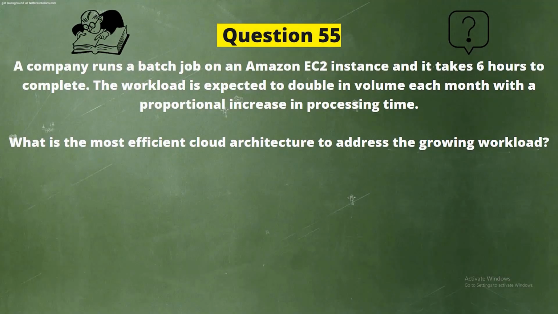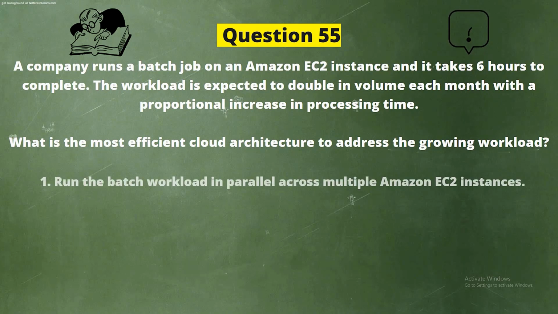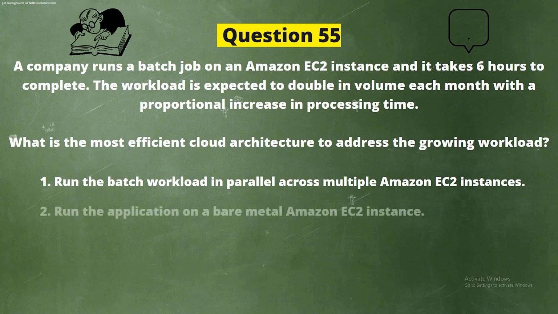Next question. A company runs a batch job on an Amazon EC2 instance and it takes 6 hours to complete. The workload is expected to double in volume each month with a proportional increase in processing time. What is the most efficient cloud architecture to address the growing workload? And the options are: Option 1. Run the batch workload in parallel across multiple Amazon EC2 instances. Option 2.